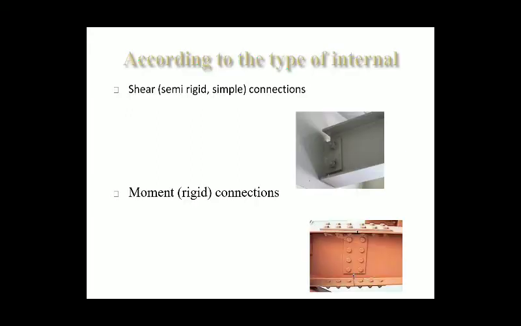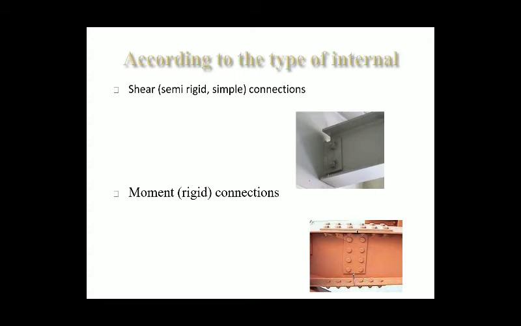Next classification is based on the type of internal forces. Internal forces means if we are loading forces on one member and another member is attached to that member, then at the junction there is development of different types of internal forces.